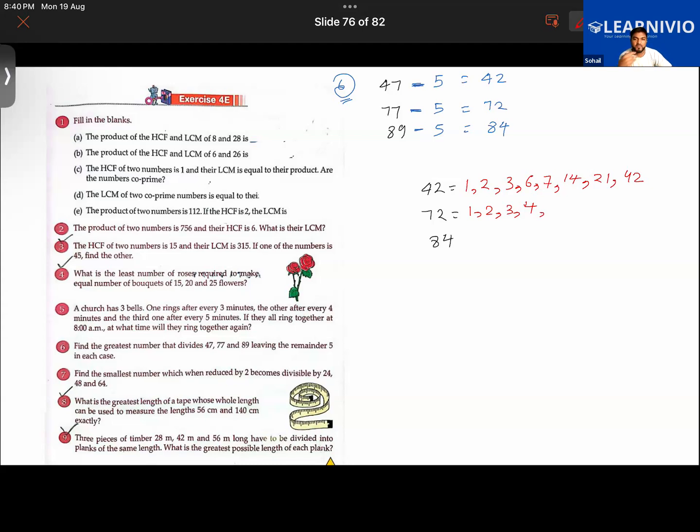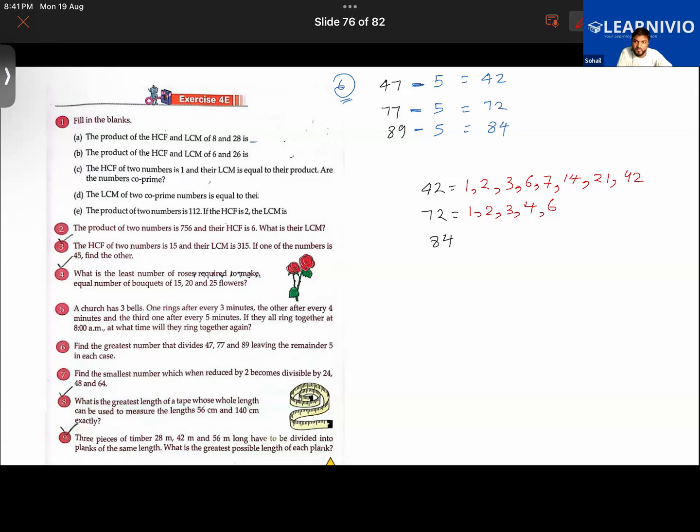Read the table of 8. 8 nines are 72. Okay, that's good. What about 6? 6 twelves, or 12 sixes, are 72.